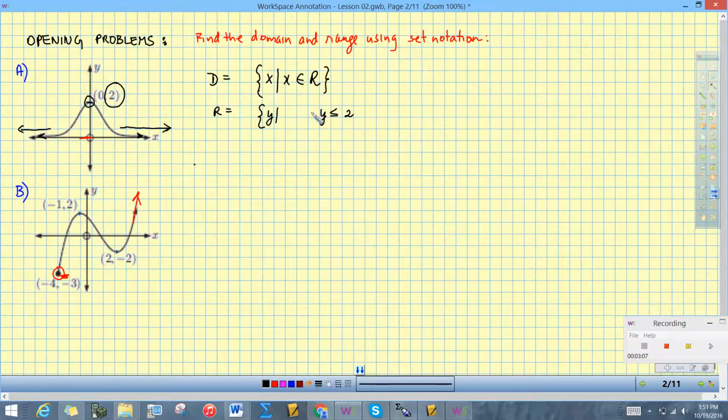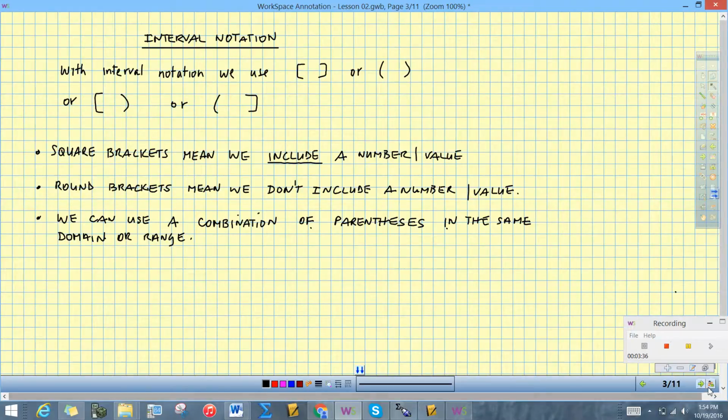But I have to say that it's got to be greater than 0 and not equal to it. It can't be equal to 0 because it's never crossing the x-axis. So having done the set notation here, I've got that for the range, the values of y are going to be less than or equal to 2, but they need to be greater than 0. Okay, so we'll leave the next question for class, and we'll move on.